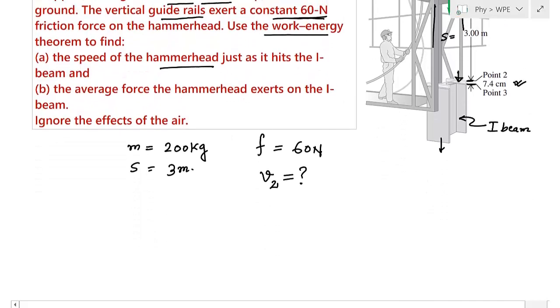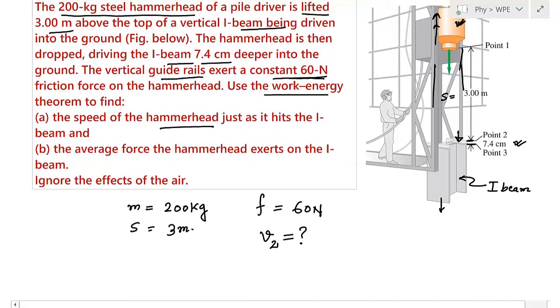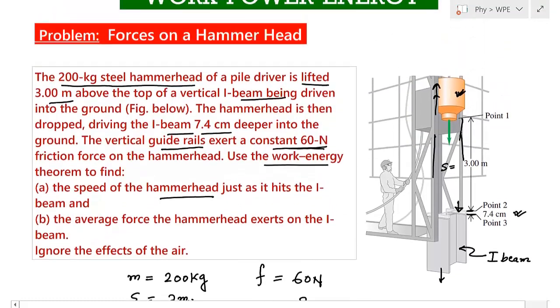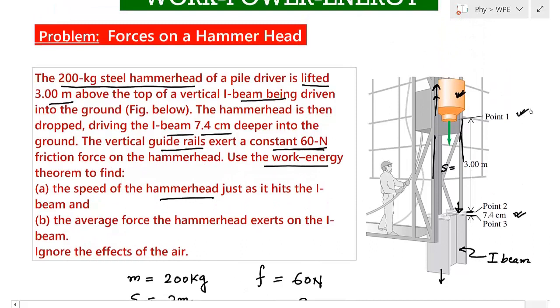Now before proceeding further, we have to make the free body diagram. So there are 3 points in this case. The point 1 is just the starting point. The velocity of the hammerhead at this point is 0, so we can say v1 is 0. At point 2 it will have some velocity, and we have to find what that velocity is.